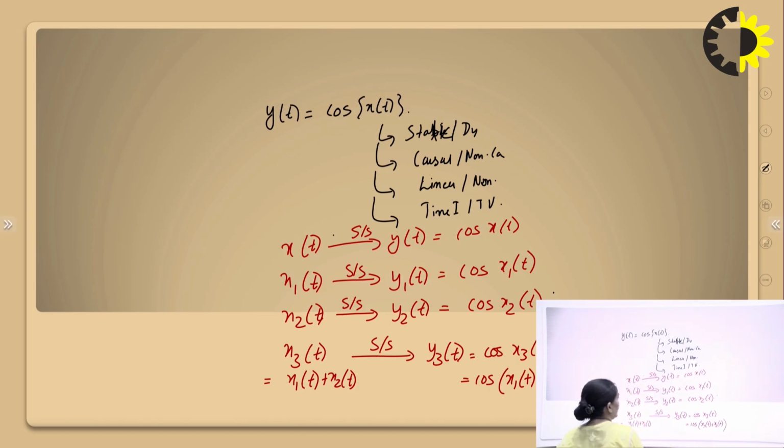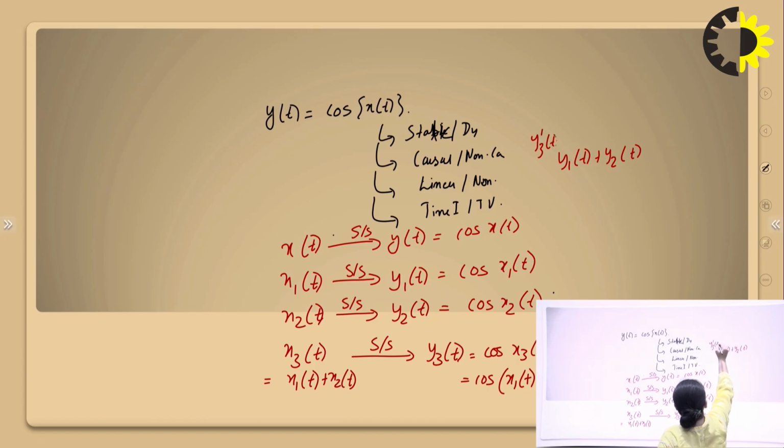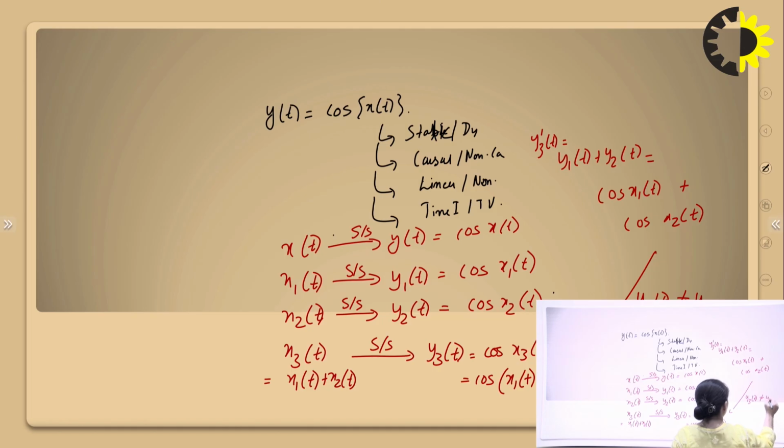If we add y1(t) plus y2(t), that is y3'(t), we get cos of x1(t) plus cos of x2(t). Now these two, y3(t) and y3'(t), are not equal. So this is a non-linear system.